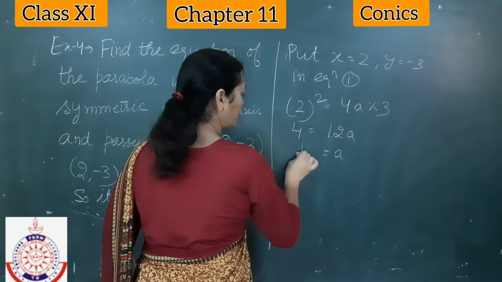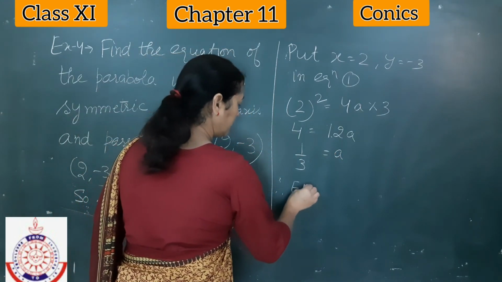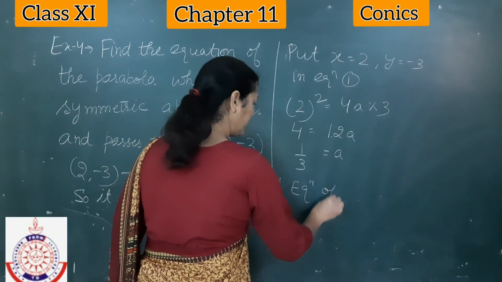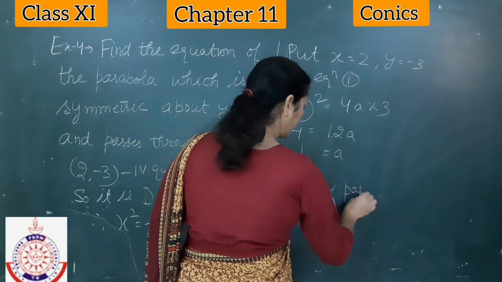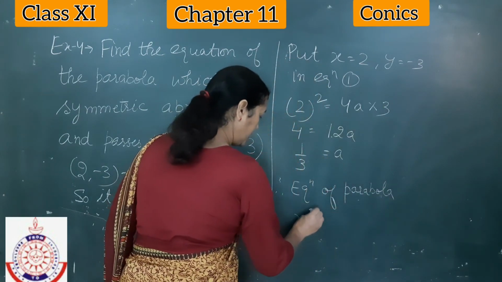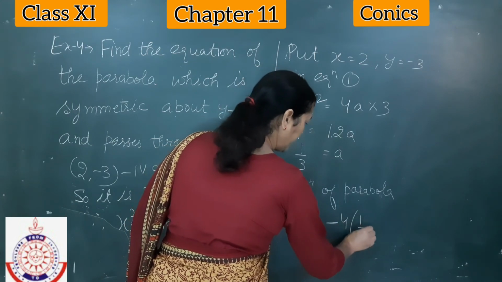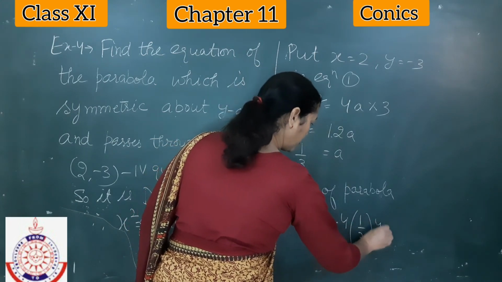So a will come out to be 1 upon 3. Therefore, the equation of the parabola will be x square equals minus 4 into a, that is 1 by 3, into y.